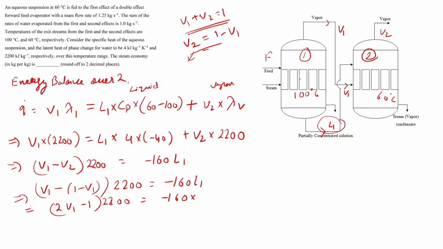From that, F is equal to L1 plus V1. So L1 will be equal to F minus V1, and we have the value of F as 1.25, so L1 is 1.25 minus V1.